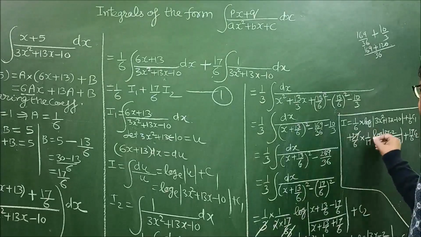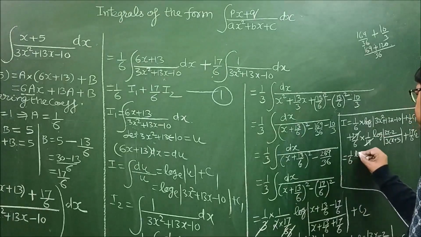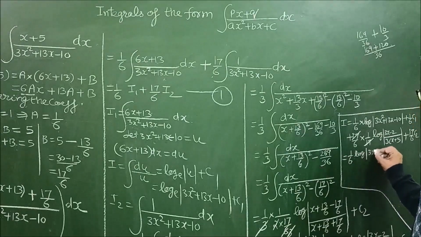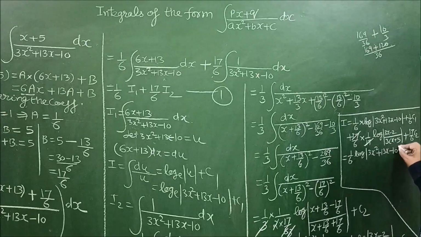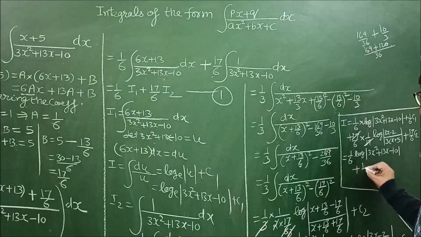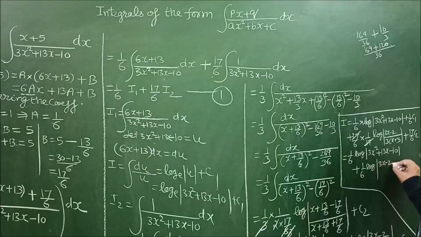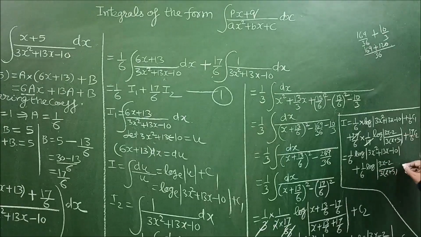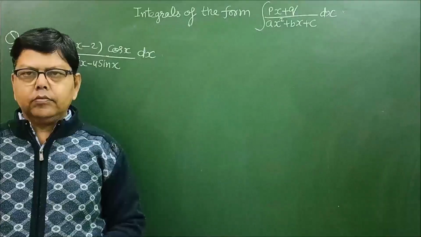Now this 17 and 17 cancel, so the final answer is 1/6 log (3x² + 13x − 10) plus 1/6 log (3x − 2)/(3(x + 5)), and these two constants together plus c. So this is the final answer of this question.